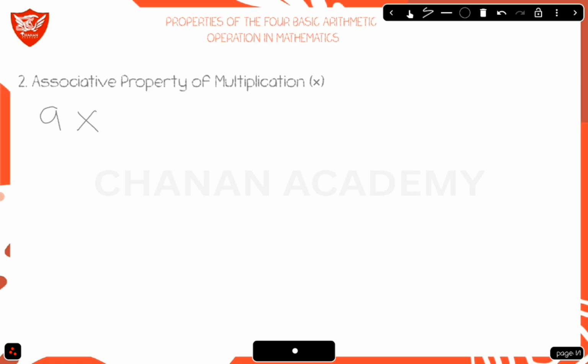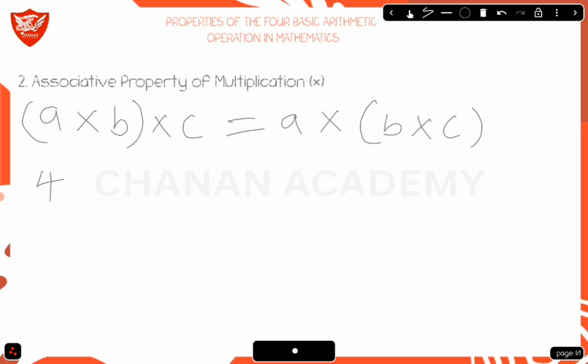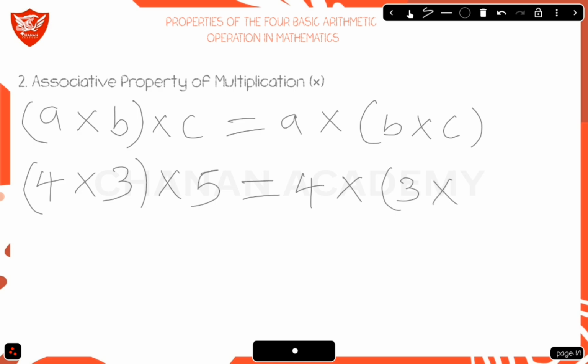A multiply by B multiply by C equals A multiply by B multiply by C. If A assumes the value of 4 and B assumes the value of 3, multiply by, let's say, 5, equals 4 multiply by 3 multiply by 5.